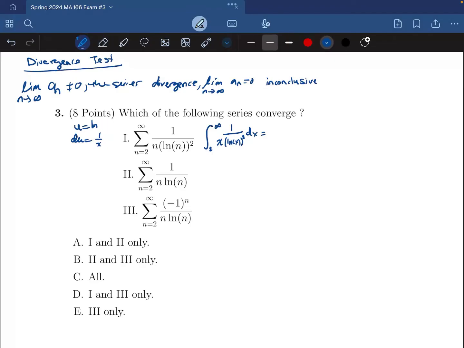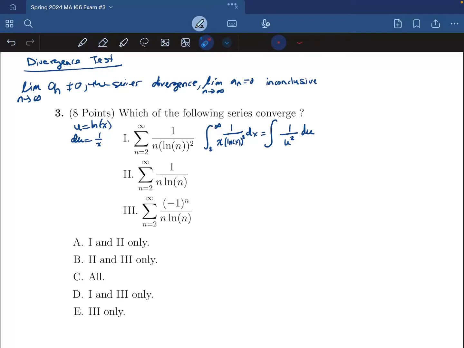It should be natural log of x. Okay, so then our resulting integral is the integral of 1 over u squared du.